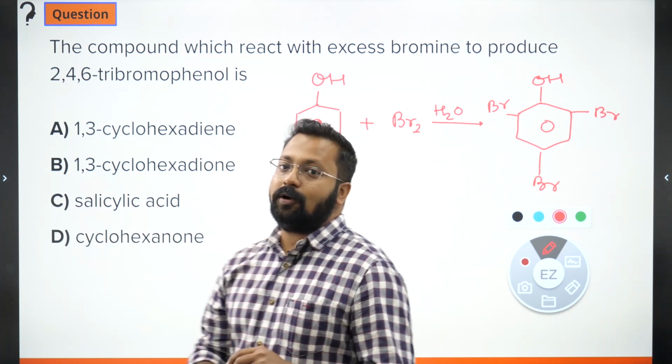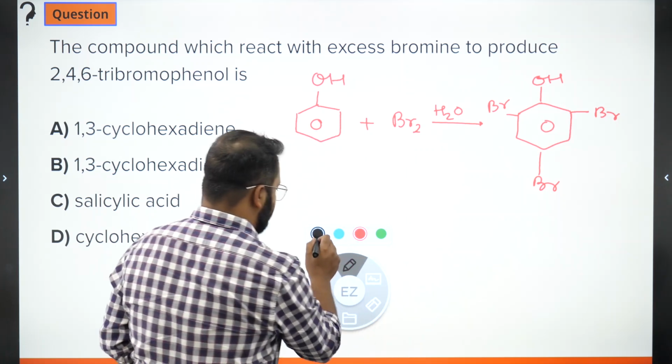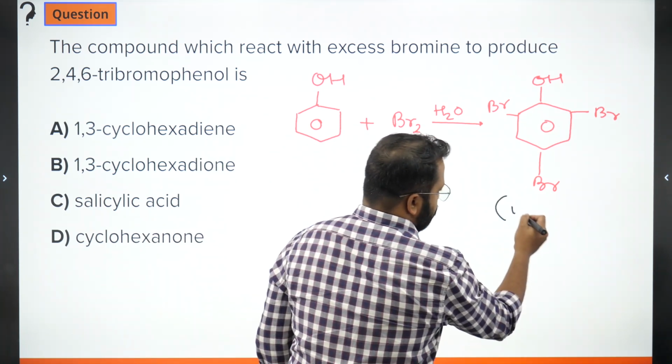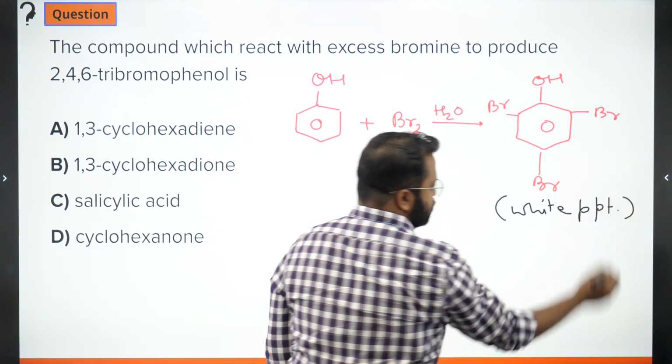This is a very important test for phenol because this is obtained as a white precipitate.